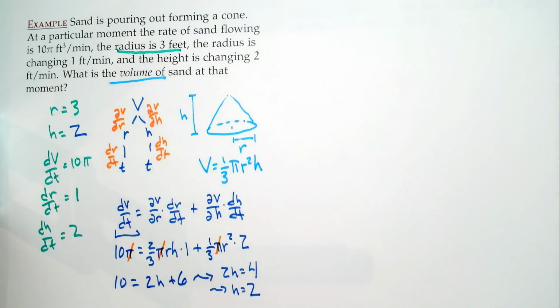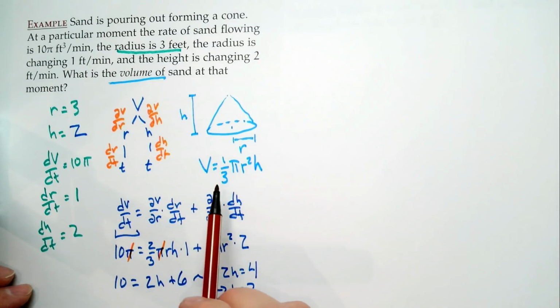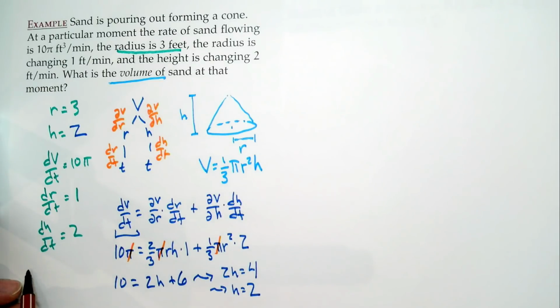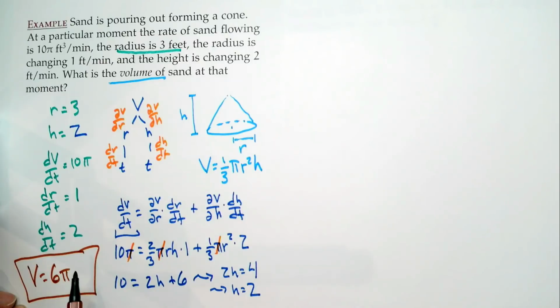Okay, so we plug in r equals 3, h equals 2: 1/3 times pi times 9 times 2, for a grand total of 6 pi. And if I wanted units, what would the units be? Feet cubed. 6 pi feet cubed. Good.